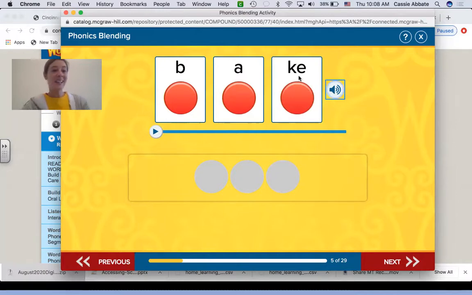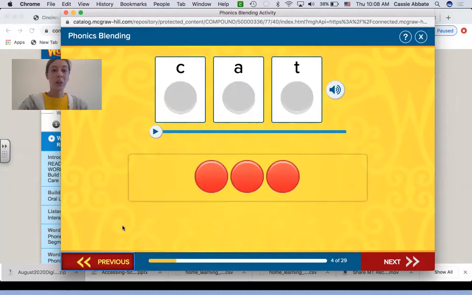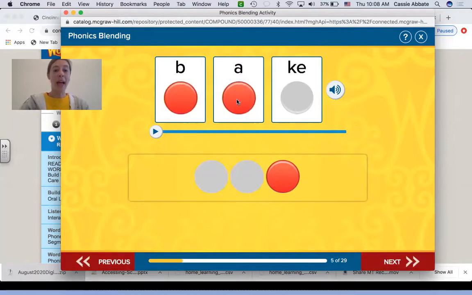So it has that silent E at the end, right? We notice that the other words like cat didn't have that silent E at the end, okay? So if we have the word bake, we don't say b-a-k, E, that E goes with that last sound. So it's one sound together, okay?